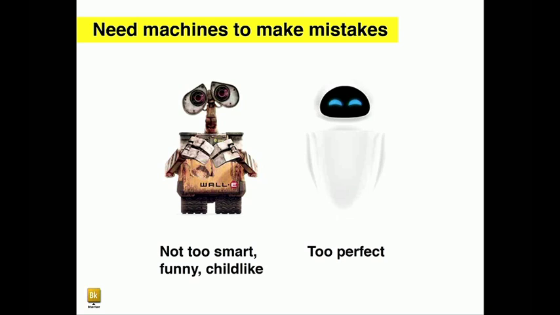In addition to that, AI has to make mistakes, and I'm going to talk about that. It needs to make more mistakes than traditional software. I brought up Wall-E here. In that story, which is a great story, everybody loves Wall-E. He's all dented and dinged up and rusted, and he's got a cockroach for a friend, and he spins around and does silly things. Then you've got Eve, who's super perfect and slick, and she's not very relatable, right?